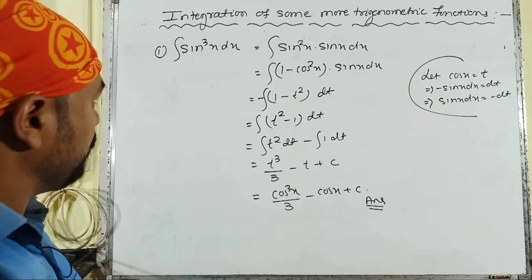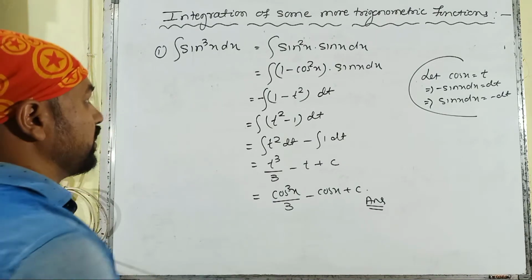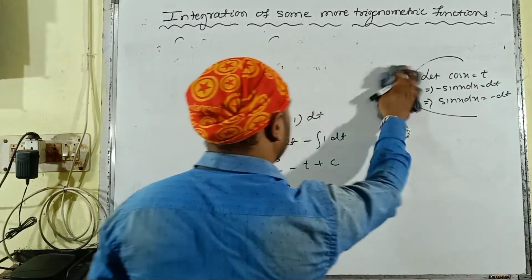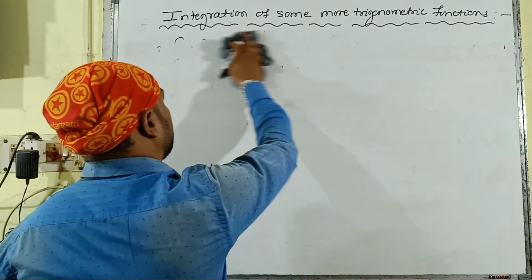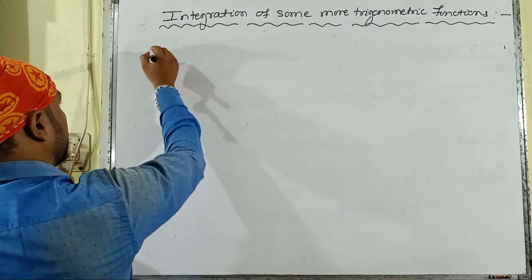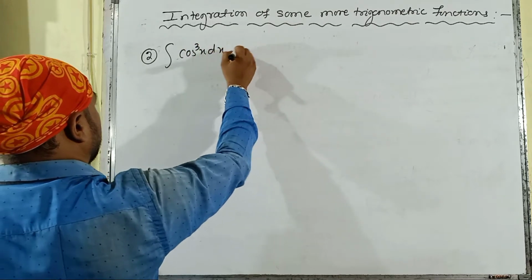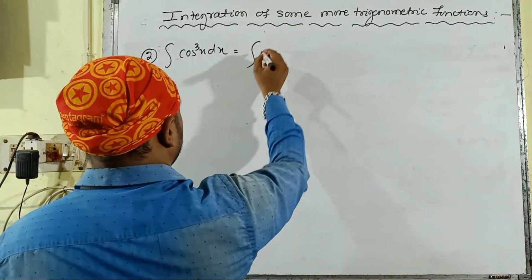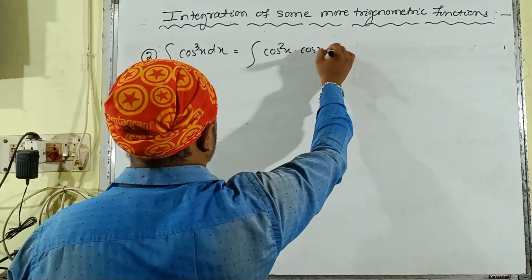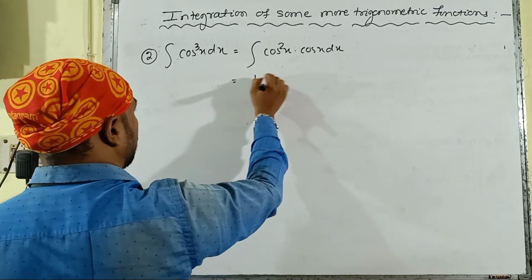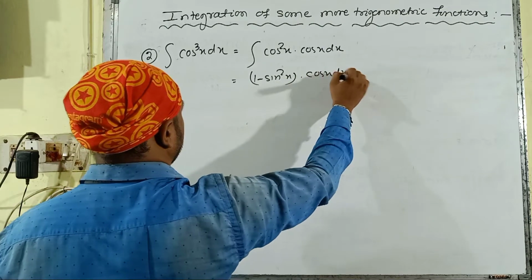Then let us move to the second problem, and it will be integral of cos cube x dx. First of all we have to split the power, it will be cos square x multiplied with cos x dx, then in place of cos square x we put 1 minus sin square x multiplied with cos x dx.